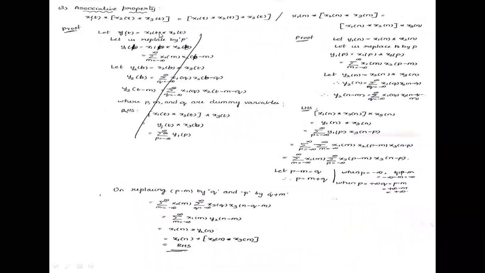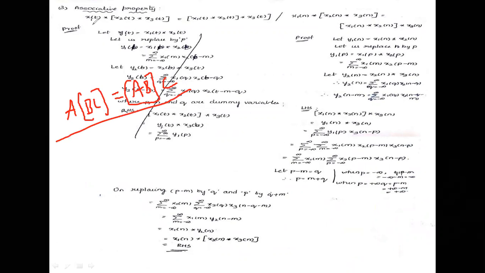Next, associative property. We already said that associative property is also obeyed. What is associative property? As in mathematics we know, A into BC is equal to AB into C. This is associative property actually.